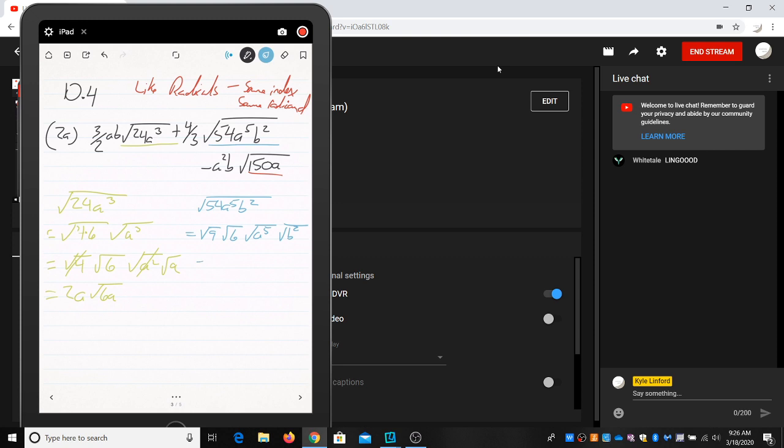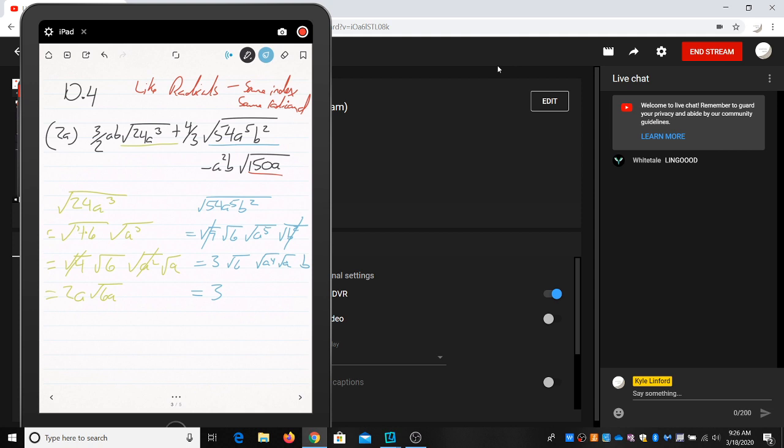And, well, let's remember, that's a 3, that's root 6. A to the 5th, I could break that up into a to the 4th and a, and b squared just simplifies to b. So we know how those simplify. So we end up with 3, the square root of a to the 4th.